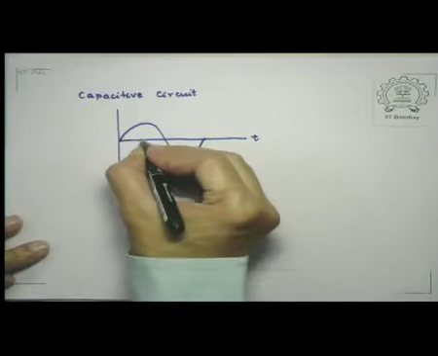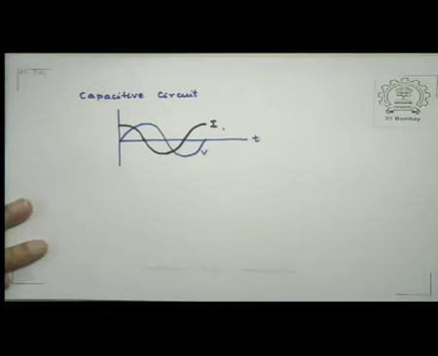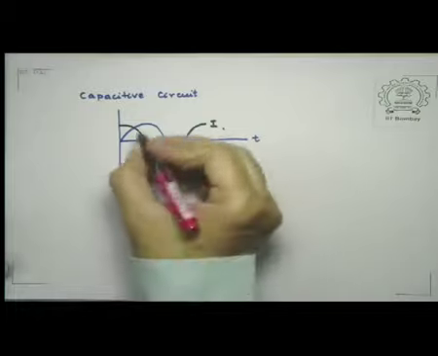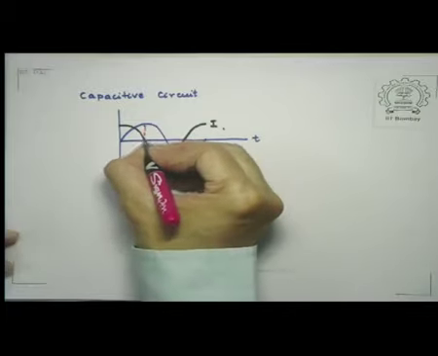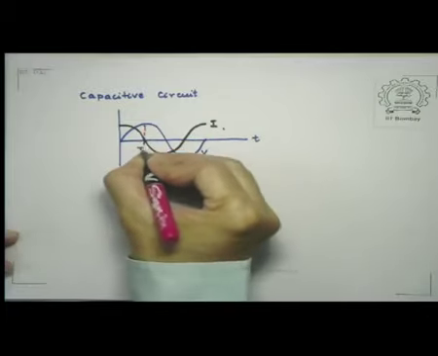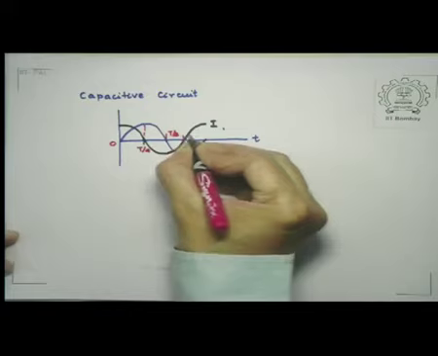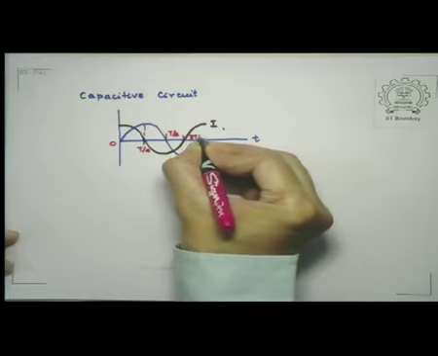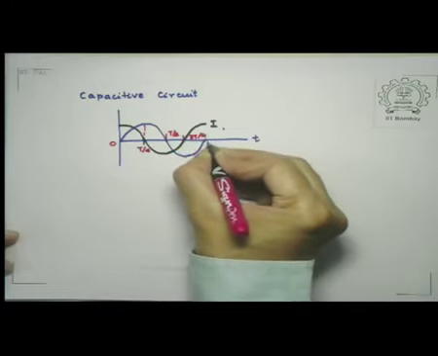So this is current. So you notice that if you look at the time scales, this is T by 4, this is time 0, and this is T by 2, 3T by 4, and T.